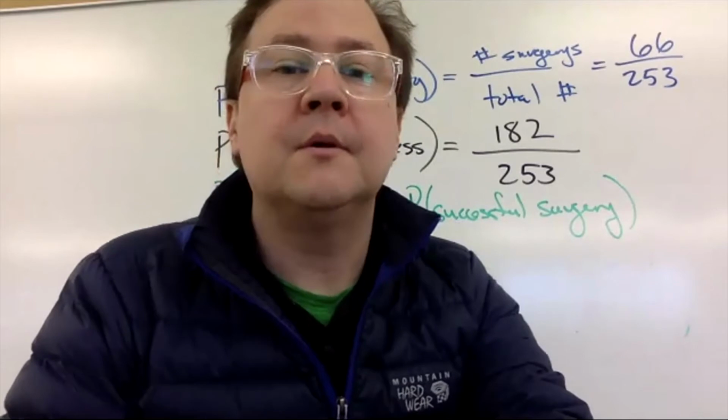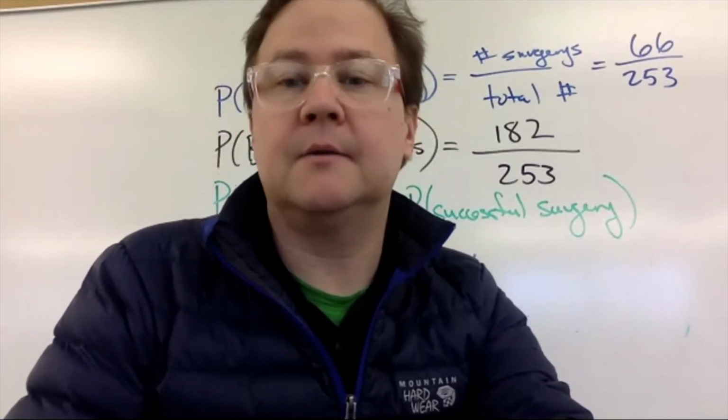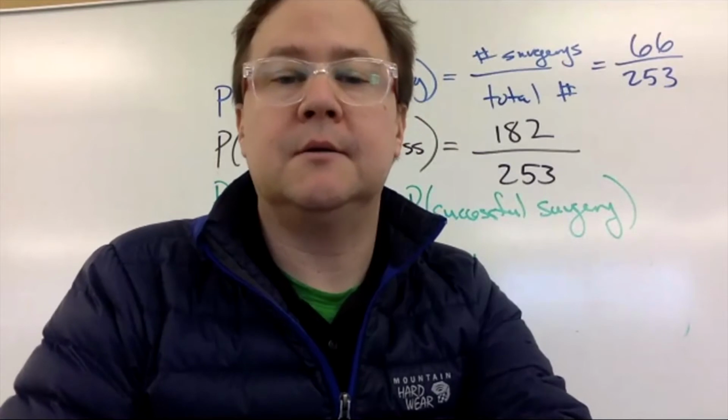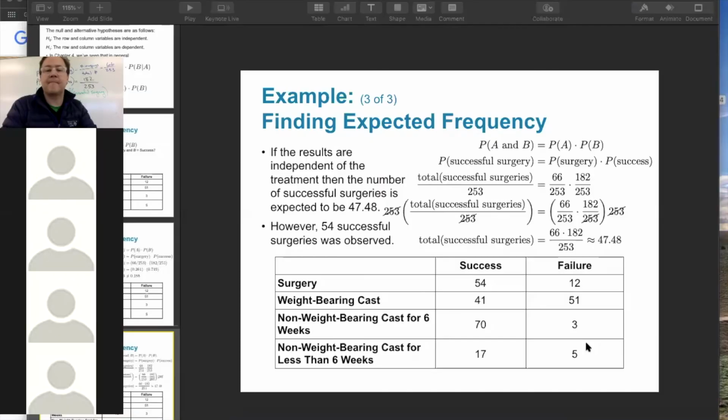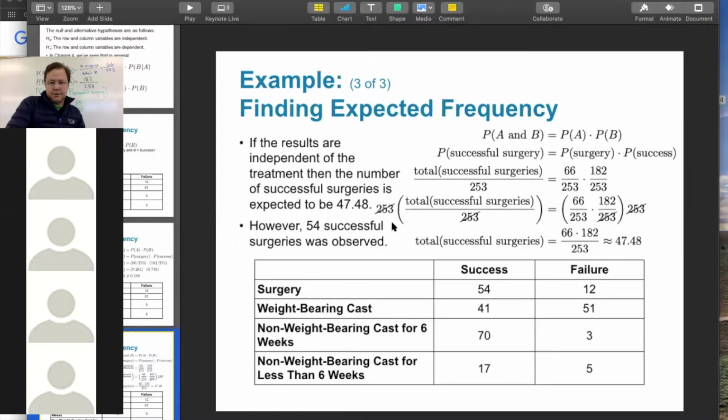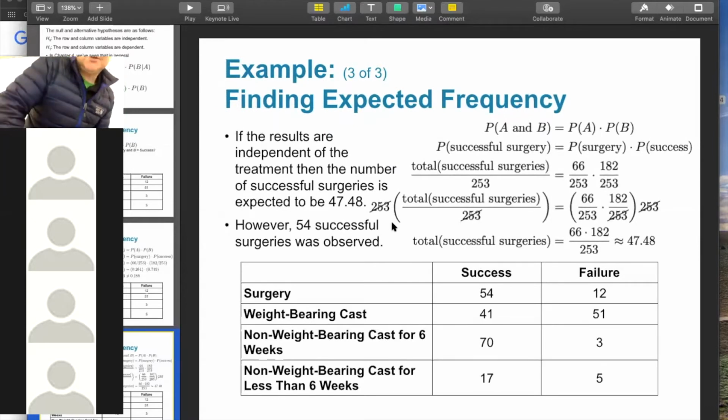Okay, coming back to here. So again, as you can see, there's a lot of algebra going on right here, but what I really want to draw your attention to is that I'm trying to calculate the total number of successful surgeries.